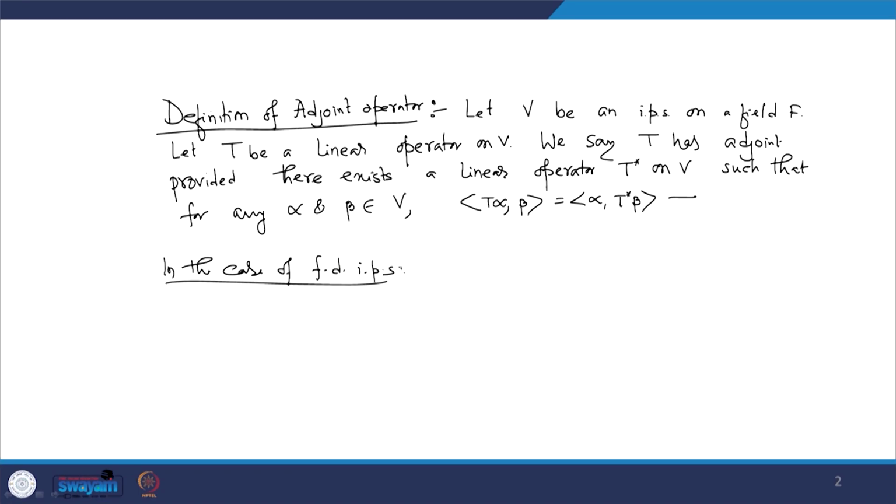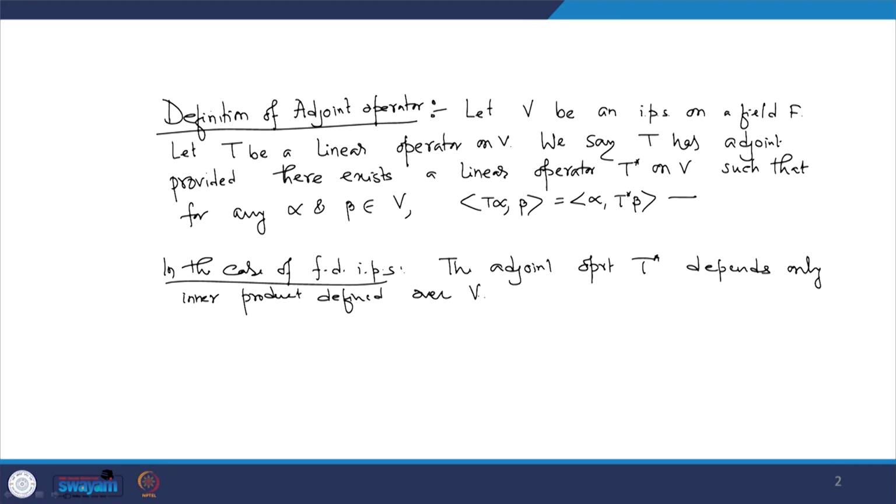If you take a linear operator T on a finite dimensional inner product space V, then there exists a unique adjoint of T. In this case, the adjoint operator T star depends on the inner product defined over your space V. So, if you change the inner product, then the adjoint operator will also change.